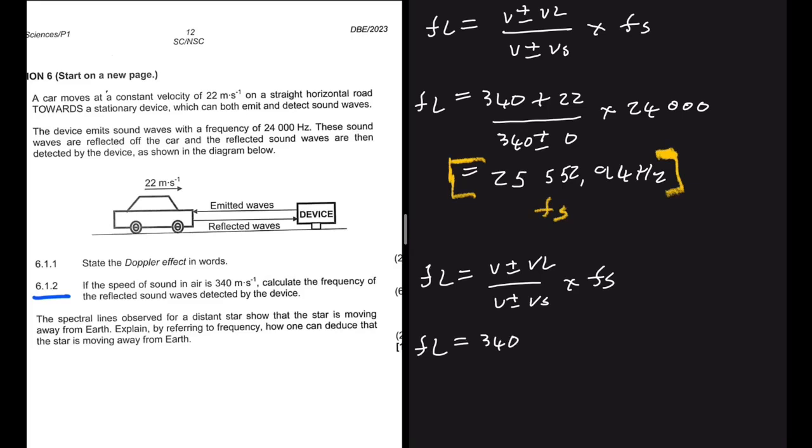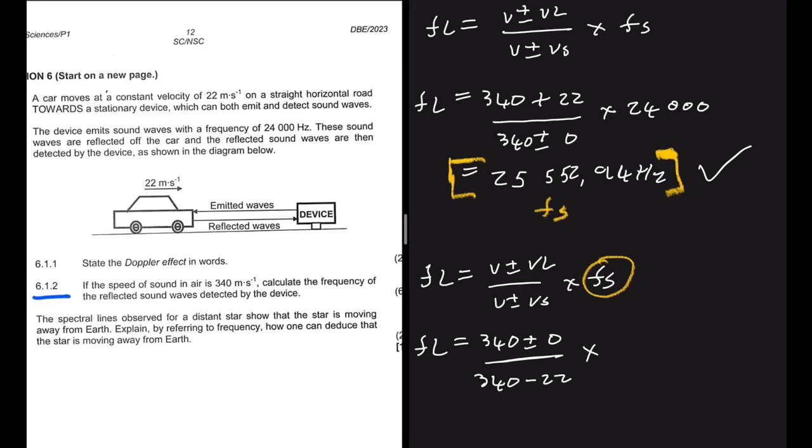We know that it is stationary, so we have plus or minus 0, divided by 340, and now our sound source, the car, is moving towards the device, so we have 340 minus 22, multiplied by the frequency of the source, which is what we calculated here, 25,552.94 Hertz. That is the frequency being reflected by the car.